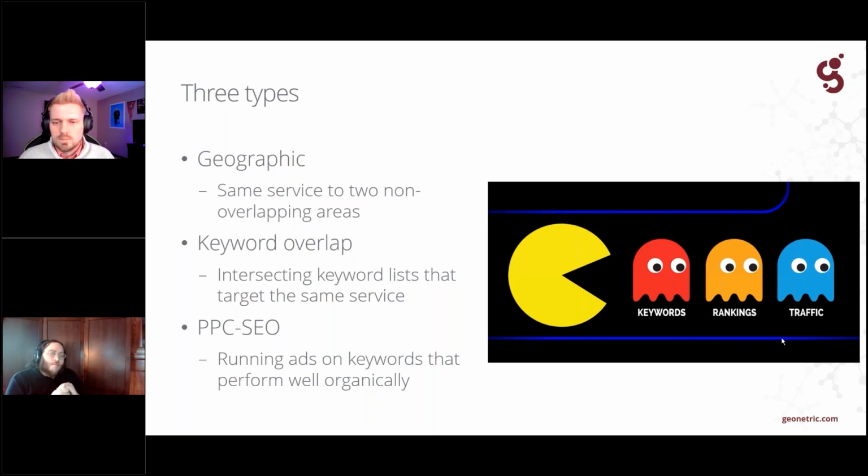And really what I mean when I talk about PPC SEO cannibalization is when you're advertising on keywords or search terms that you have already done that SEO work to perform well on. So you've optimized your content, you've done all the work, and organically you're really performing, you're top of Google search results, but you're also advertising on them.